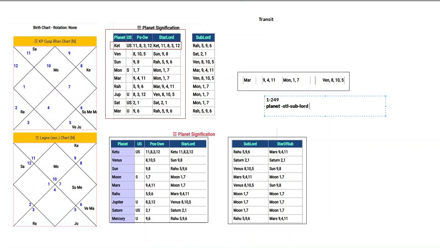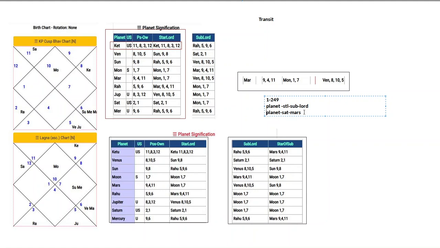So let's say a planet is in the star of Saturn and sub of Mars. These are two malefic planets, Saturn and Mars, so they tend to indicate some kind of negativity in a person's character sketch. Okay, I'm not saying that just by virtue of being in that particular star and sub, the houses are also taken into consideration. So the Saturn and Mars plus the bad houses.